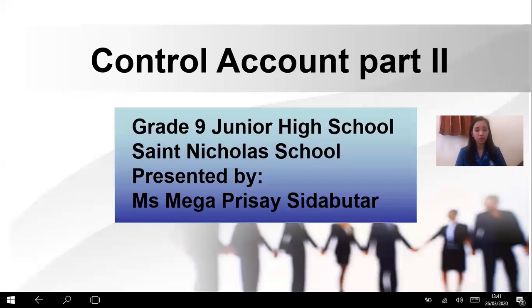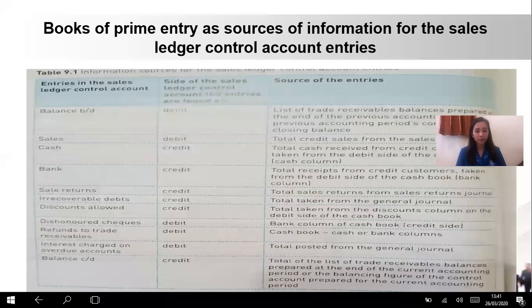Just a quick review: control account is the total of all debtors and suppliers that we are making. It is to be checked to find out the accuracy of the sales ledger and also the purchase ledger, which are made by different people, so as to hinder any fraud that might happen.